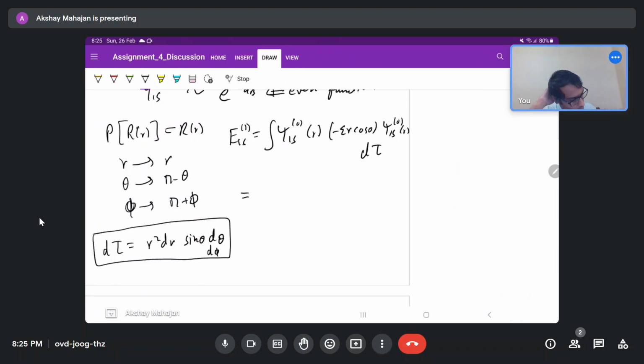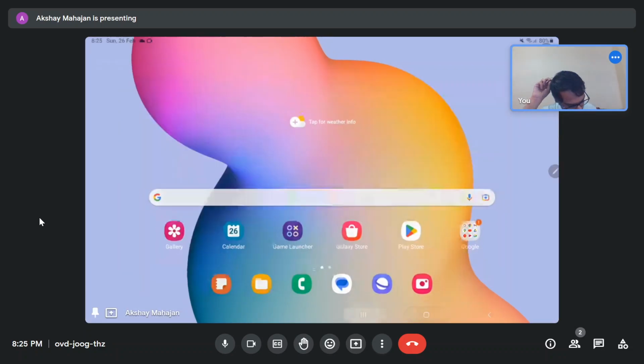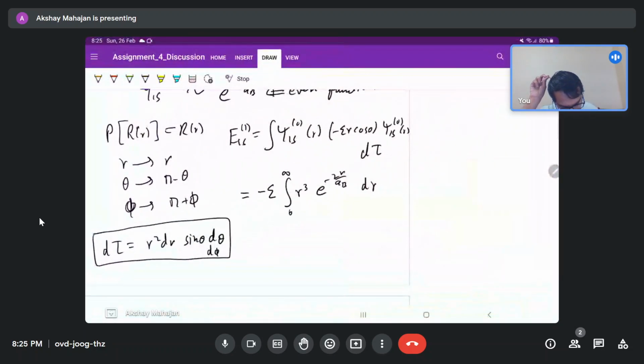Okay, so when we do this integration, we get from 0 to infinity r cube e to the power minus 2r upon a_B dr. Here one r square will come from this d tau, and one r will come from our perturbation.